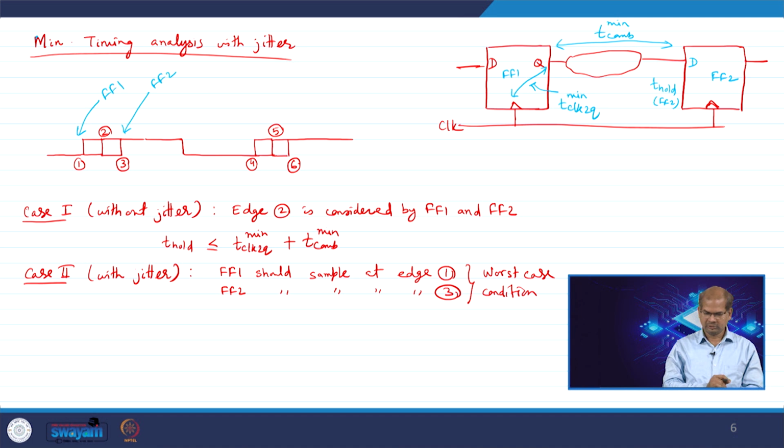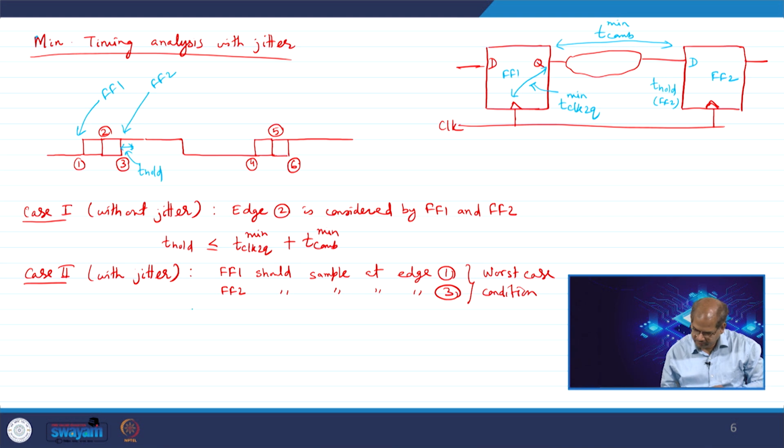Okay. Now, around this, this will be my T hold of flip flop 2. So, now my hold requirement is actually increased. Earlier it was T hold, now it is T hold plus 2 T jitter.